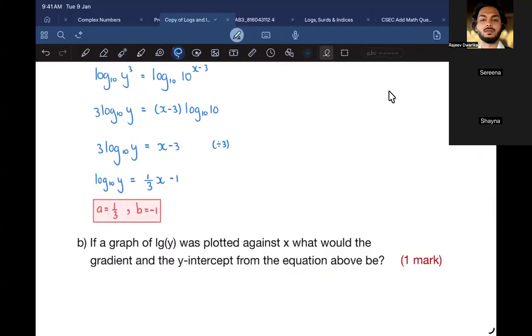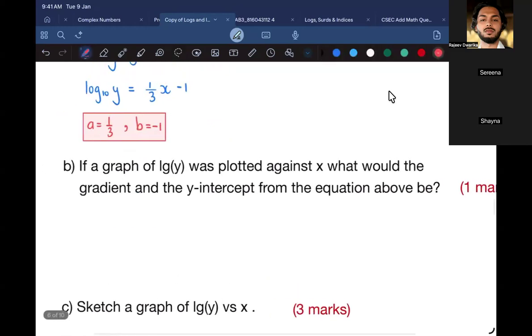So what would be the gradient? Do you know? 1 over 3. Right, 1/3. For anybody that might be confused, watch. If we compare this to the y equals mx plus c form, you will see a direct relationship. y is equal to mx plus c.